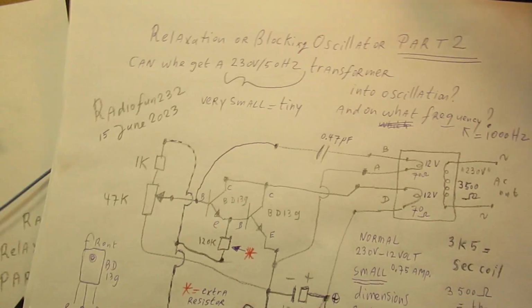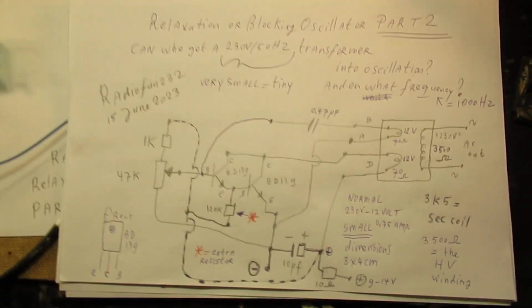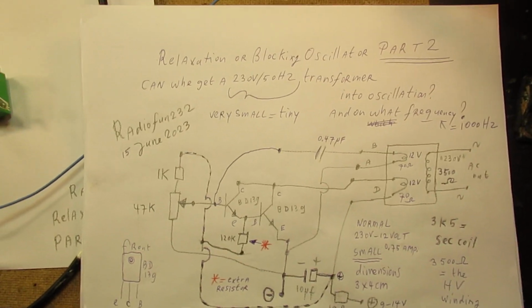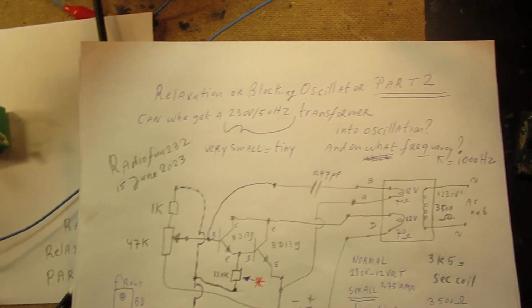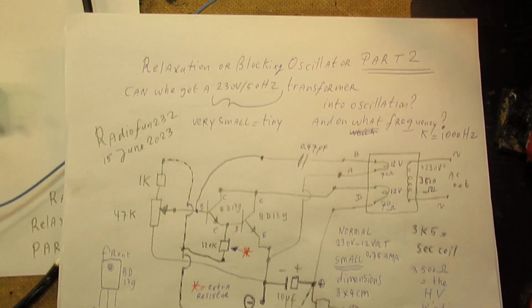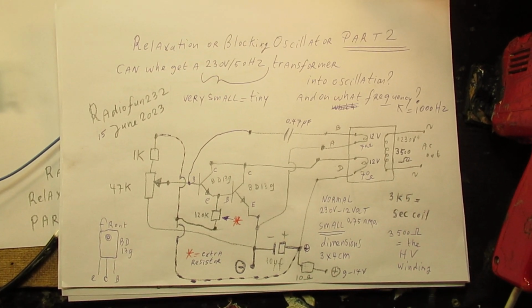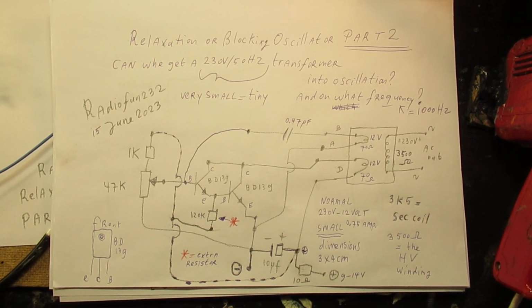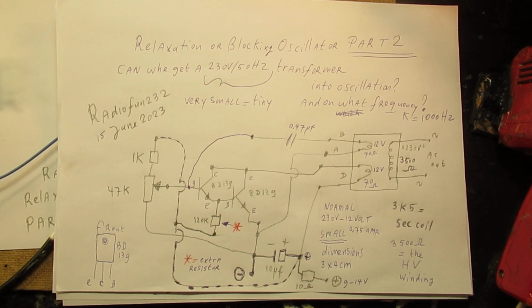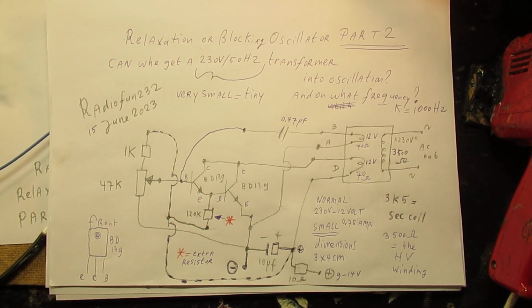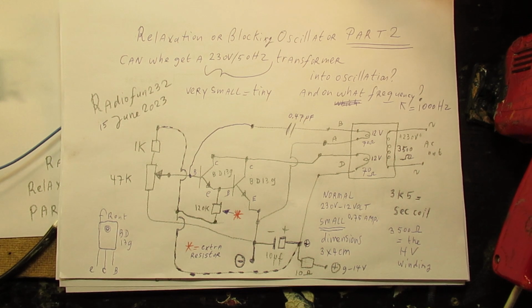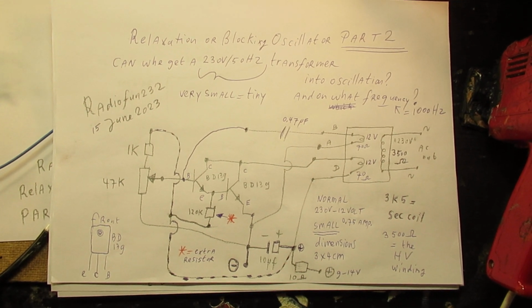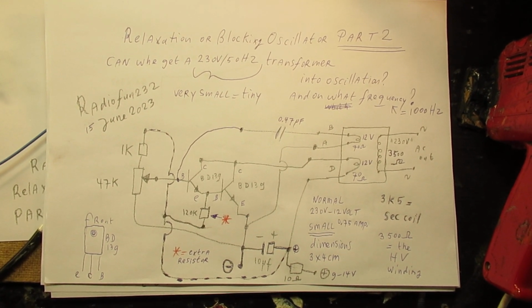So a few changes. In this video regarding the blocking oscillator, so it's part 2 now. This is the schematic. In fact, everything is the same compared to the earlier schematic. No real changes are made.